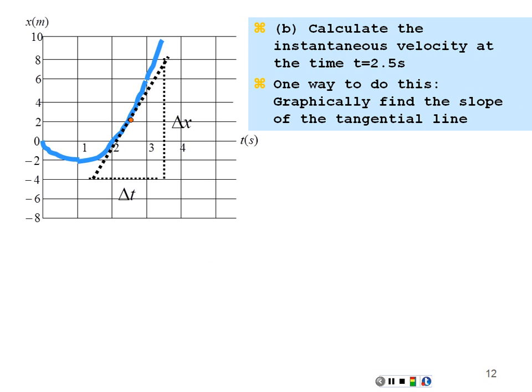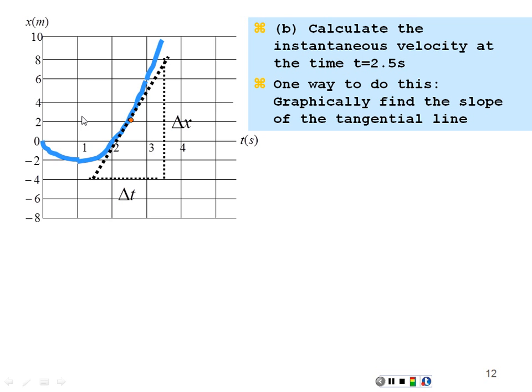If I reduce my time interval down, down, down until that chord approaches that point, there will be a point where my time interval is infinitesimally small, and my chord has reduced down to only intersecting at one point. So I'm looking at the tangent line that contacts my graph at that particular point. If I can find the slope of that tangent line, that will be my instantaneous velocity at that point.